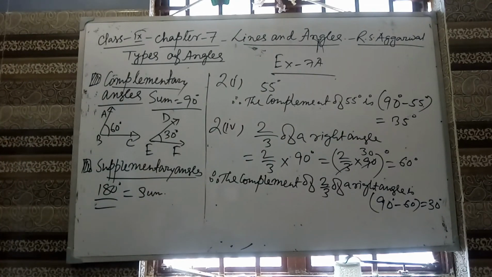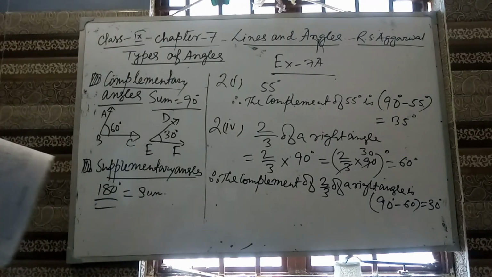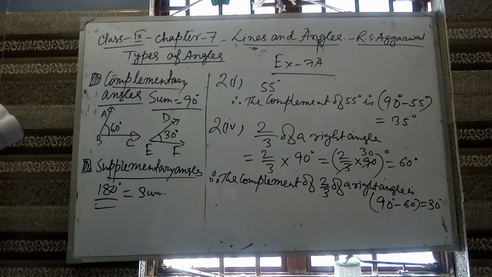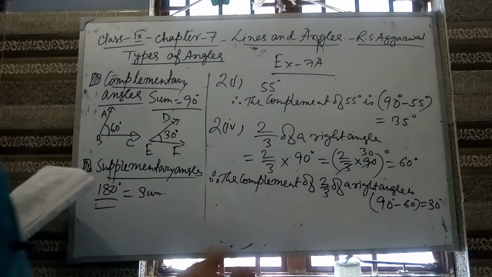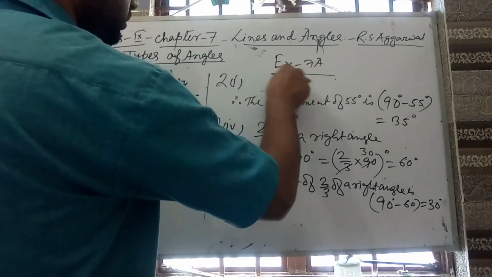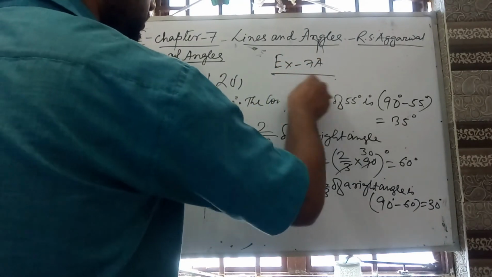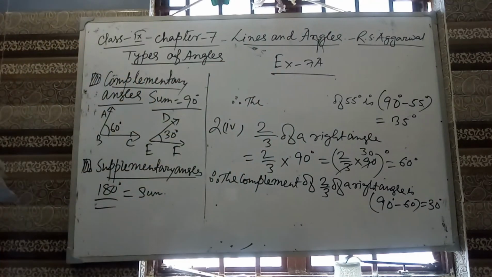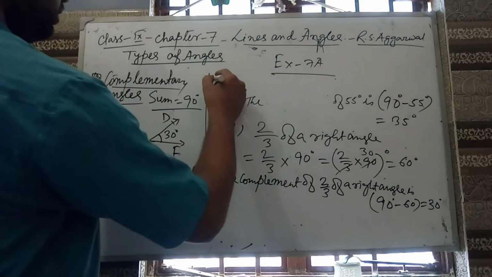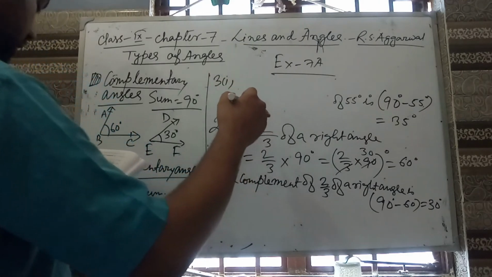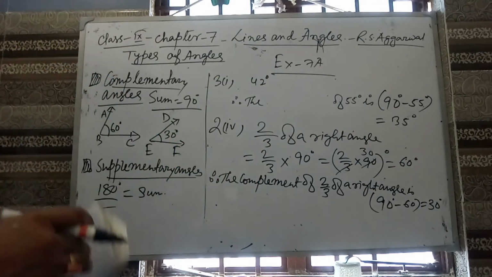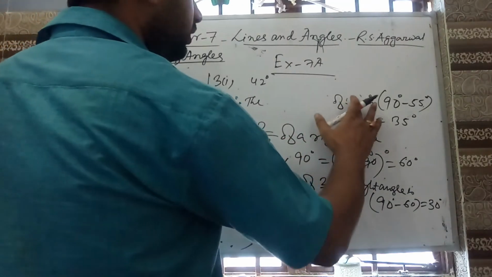Next question, question number 3, Roman 1. Find the supplement of each of the following angles. First angle is, supplement. What is given? 3 Roman 1. The angle is 42 degree. Supplement means sum is 180 degree.